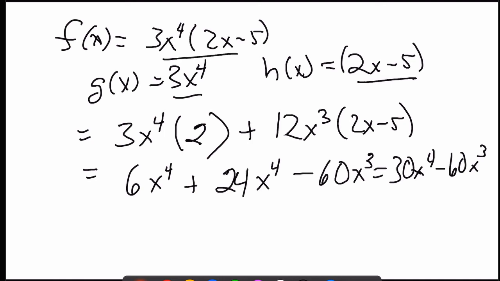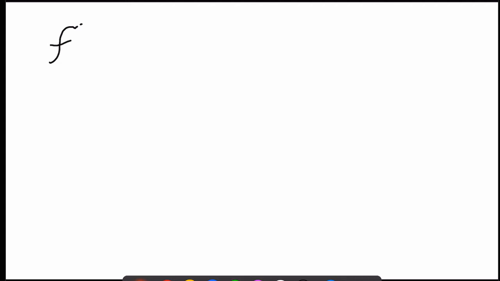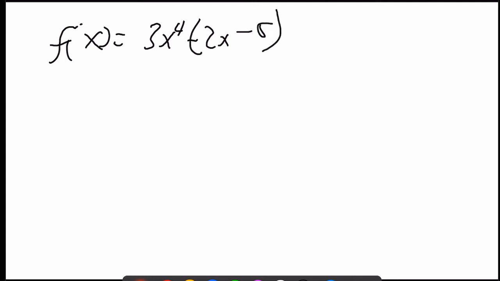Now, can we prove that? Did it work? 3x to the 4th times 2x minus 5. Well, let's multiply this out. Multiply this times that, and you get 6x to the 5th minus 15x to the 4th.